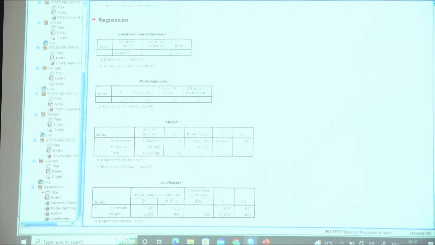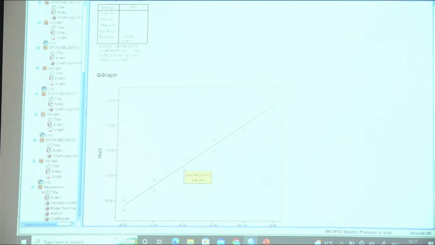So 15 was the constant and 2 into weight. So 15 plus 2 into 40 will give you 95, and this is called deviation. So they are 5 deviated from the line. Each of the points, because that is the average, they are 5 points distant from the line.